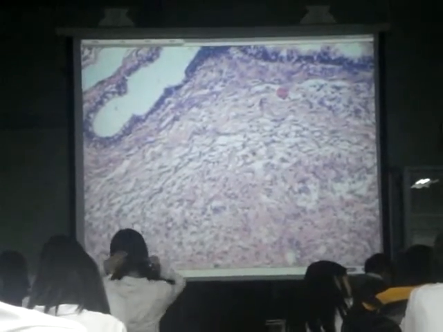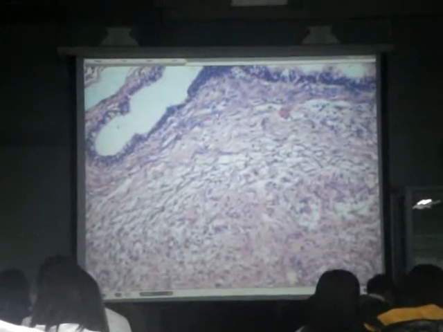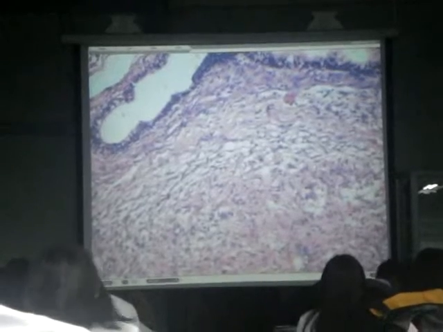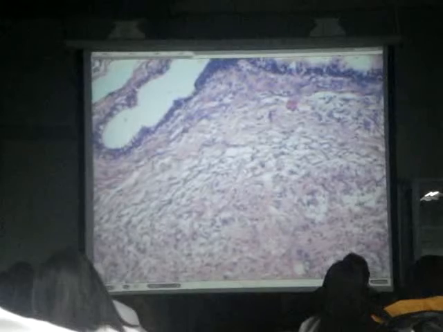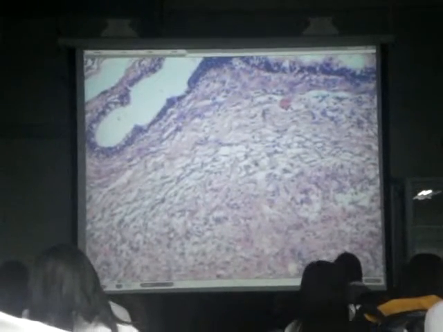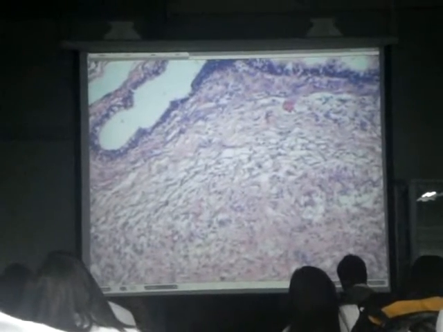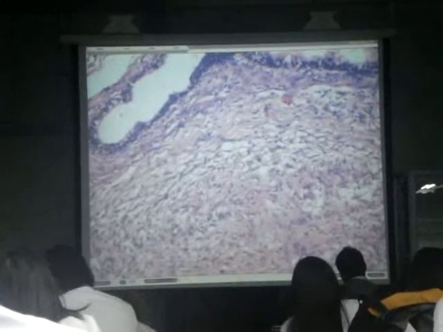Just like in your SGD, caseation necrosis was shown bordered by a granuloma, right? So in your practical exams, when you're given a caseation necrosis example and you're asked what type of necrosis that is, you will be shown caseation necrosis bordered by a granuloma or partially bordered by granuloma.